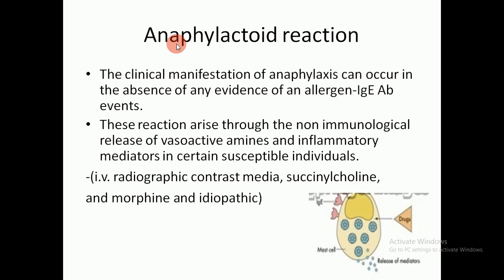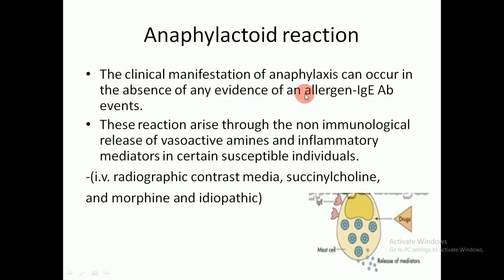What do we mean by this reaction? Here the clinical manifestation is the same as anaphylaxis, which can occur in the absence of any evidence of allergen IgE antibody events. There is no role of IgE antibody.